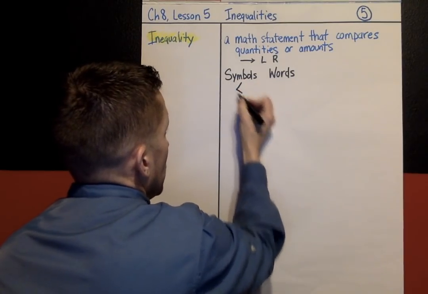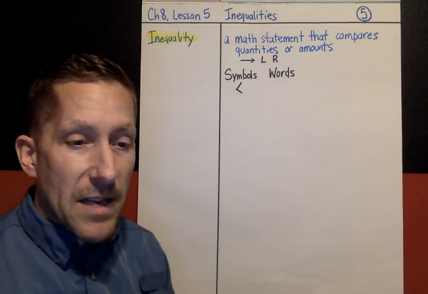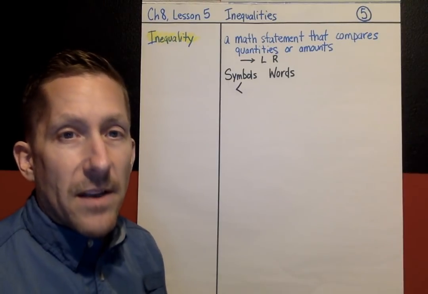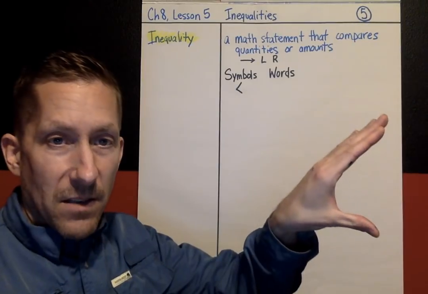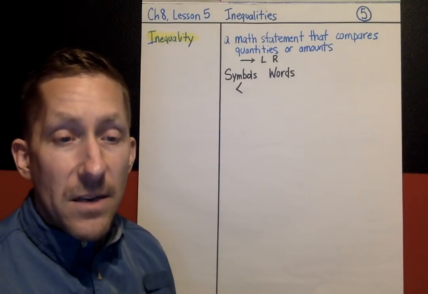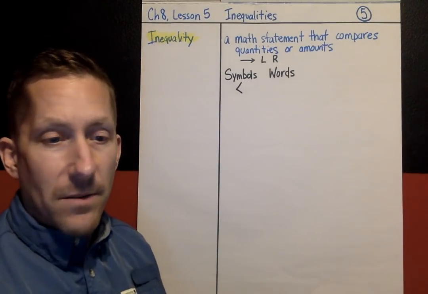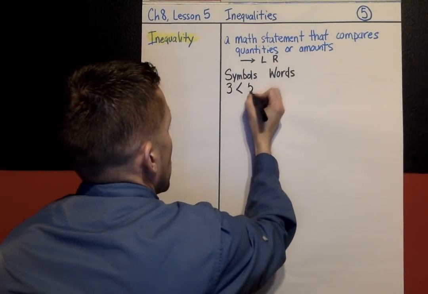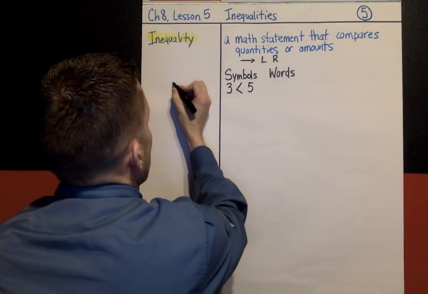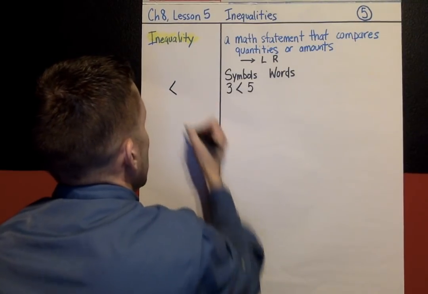What I'm going to do to demonstrate that symbol is put in numbers that make it work. Remember, the mouth either eats this way or this way, but it's going to eat towards the greater amount. So I'm going to put in some numbers that make this work. And over here, I'm just going to write down the inequality.